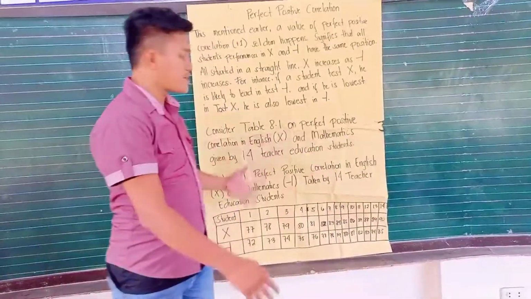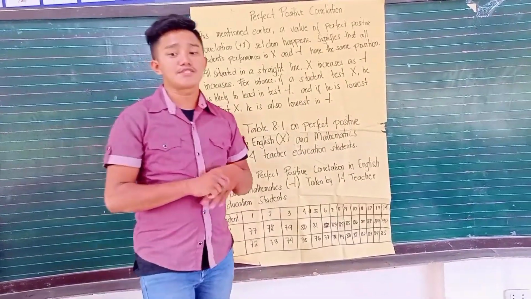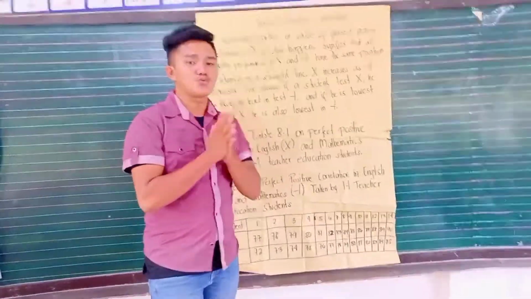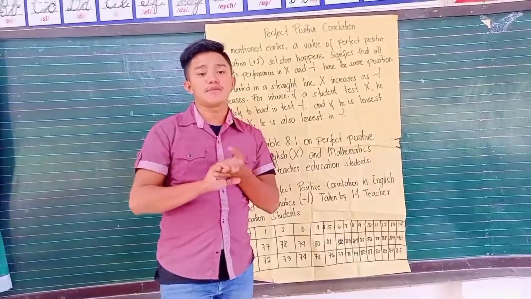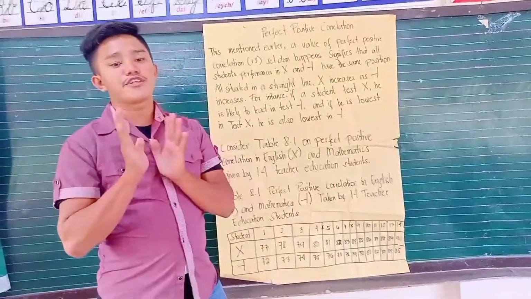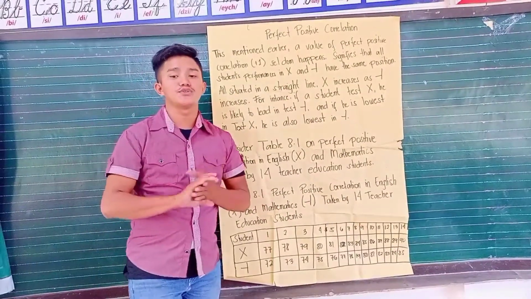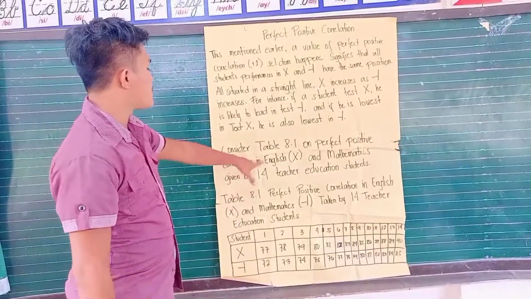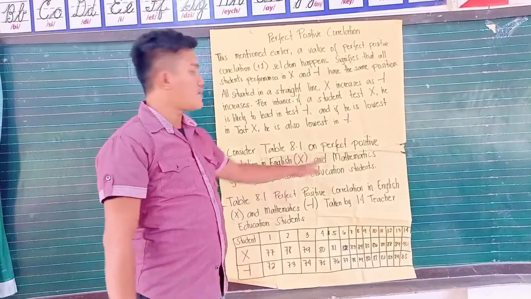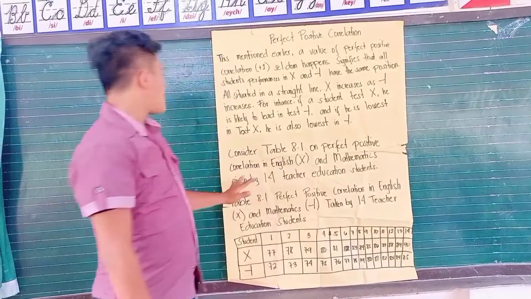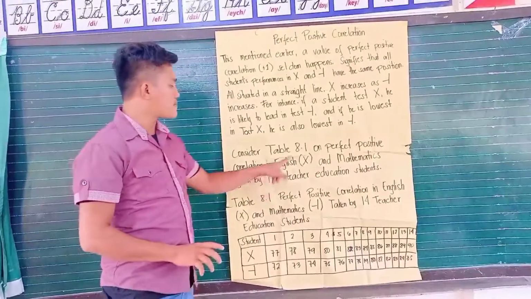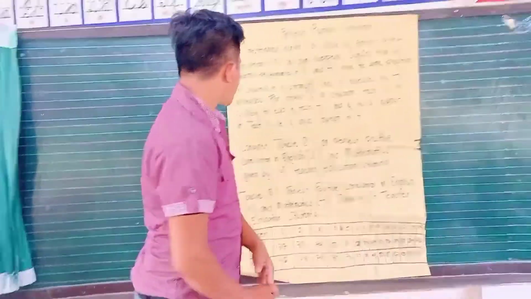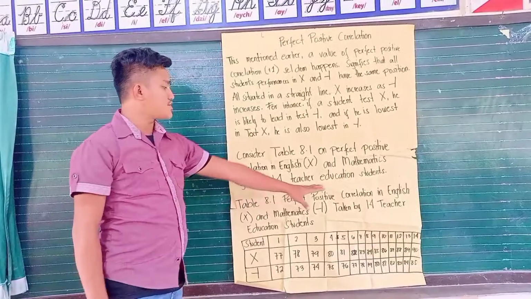Our table, as given in the example earlier, has two variables, English and mathematics, taken by 40 teacher education students.